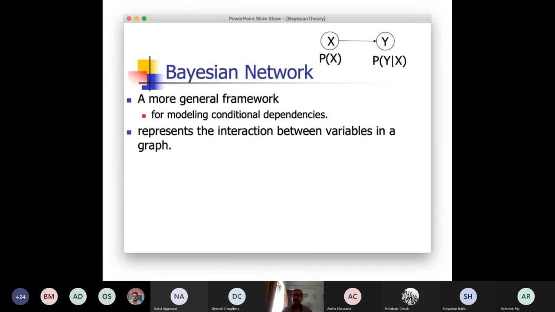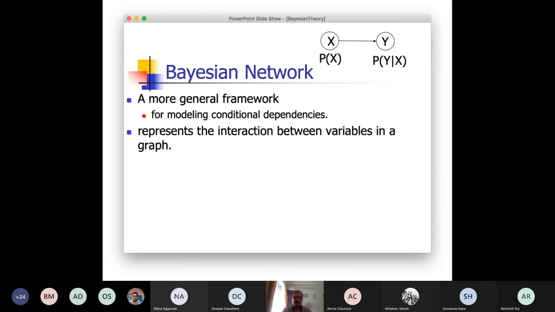Okay, so good afternoon. So we will continue our discussion on this decision-making process. And in the last class, we discussed the naive Bayes classifier.